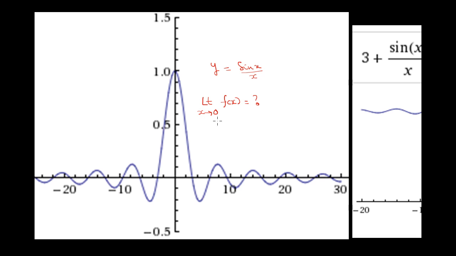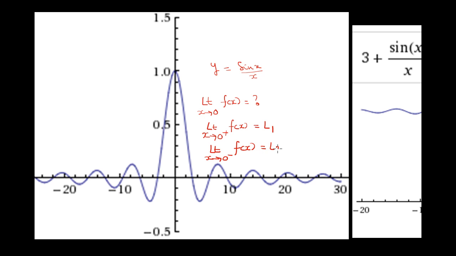So to find this, basically you have to calculate two limits. You have to see what happens when x is approaching from positive direction. You have to calculate this L1. Then we have to calculate another limit. What happens to the function when x is approaching 0 from the negative direction?